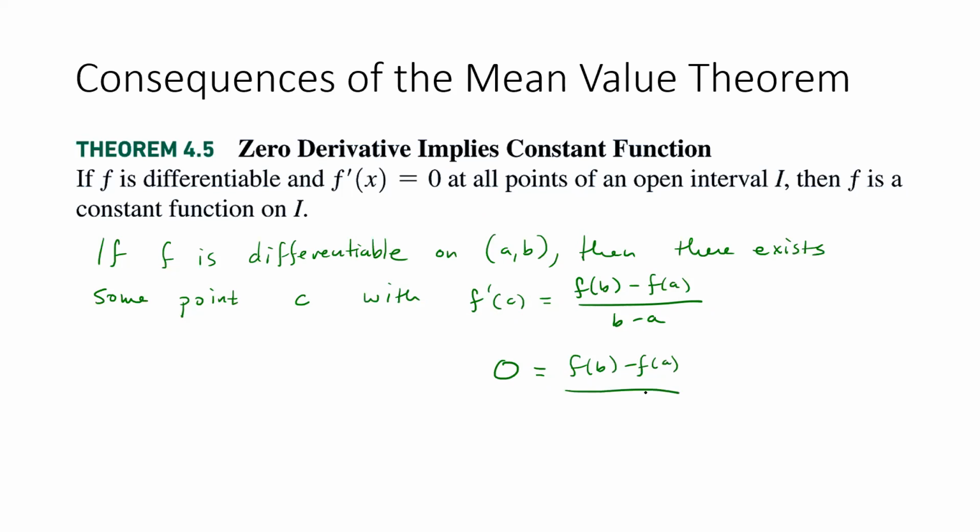So if I multiply by B minus A, we have f of B minus f of A must equal 0, which means that f of B must equal f of A. And this is for any value of A and B.